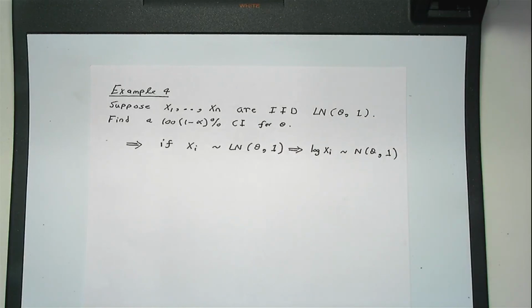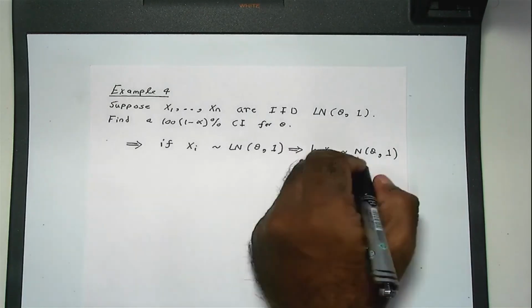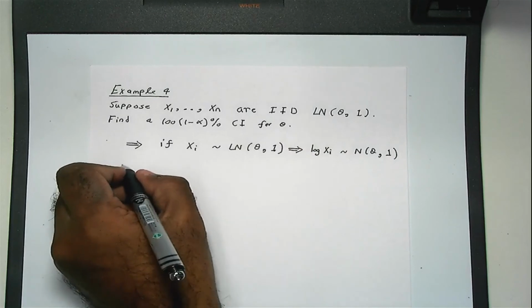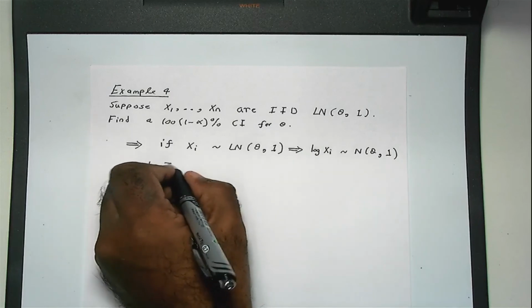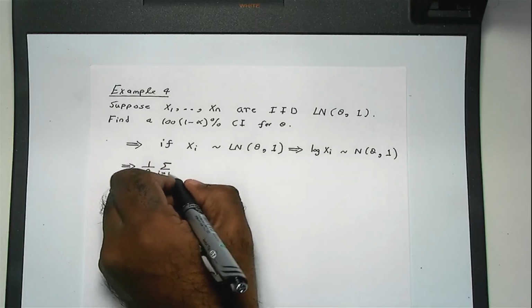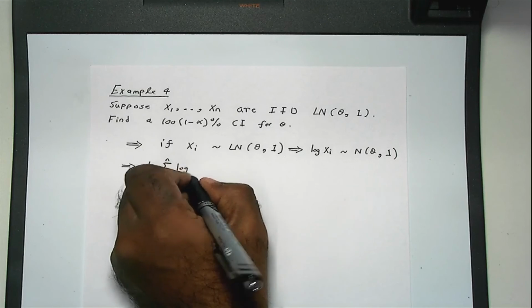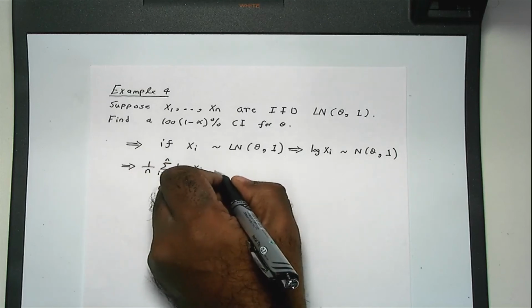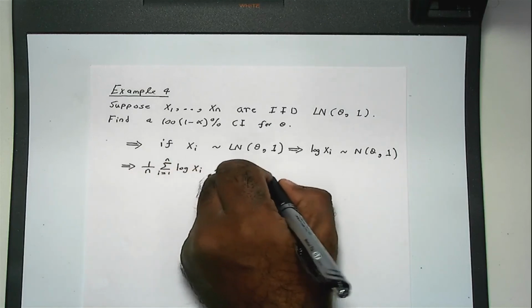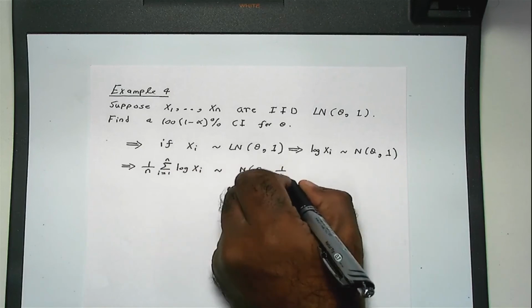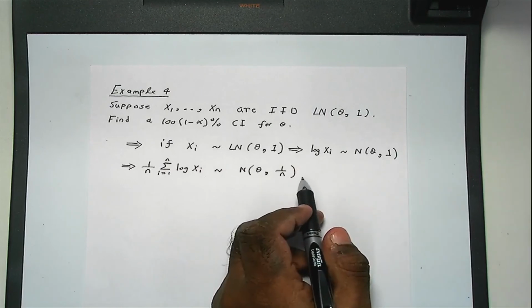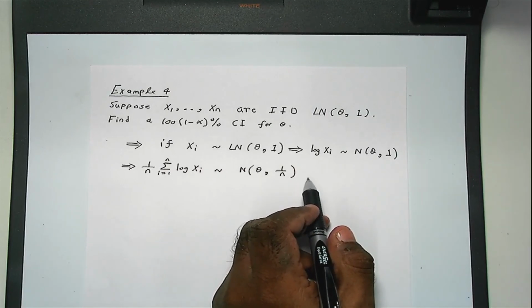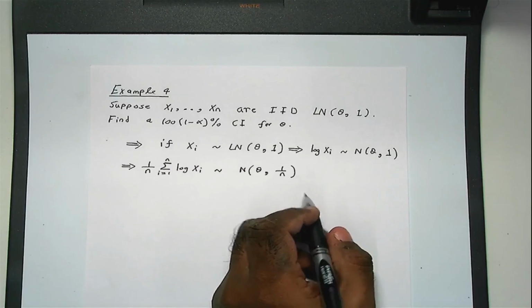Right? So using this property, you can see that the mean of the log of xi's must have a normal distribution with mean theta and variance 1 over n. So that's one of the properties we talked about in the video on normal distribution.